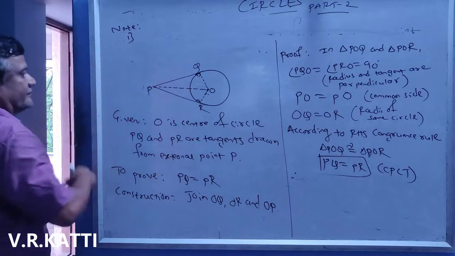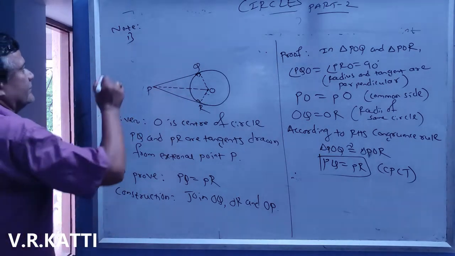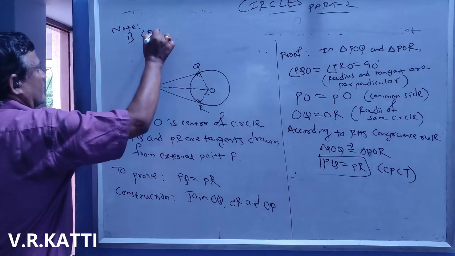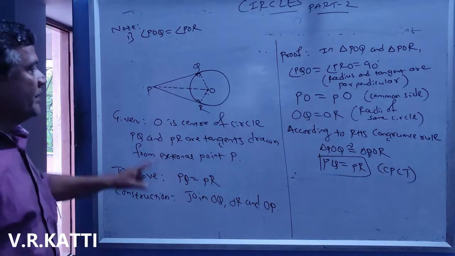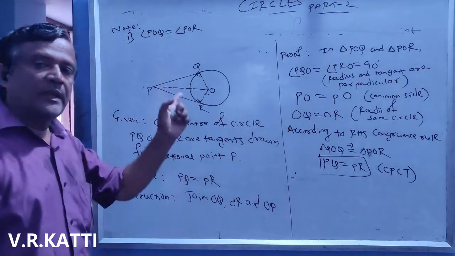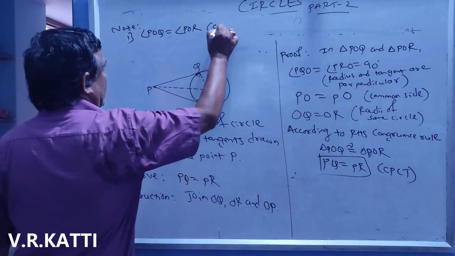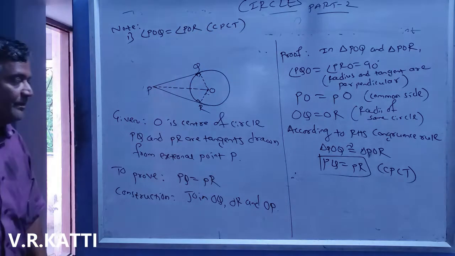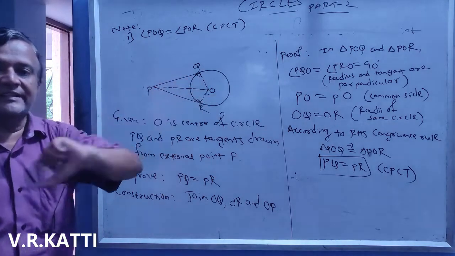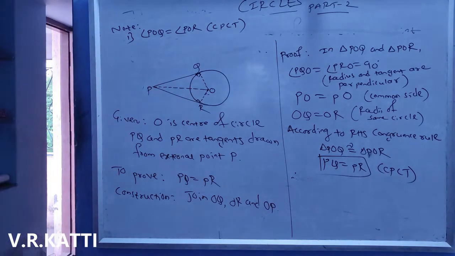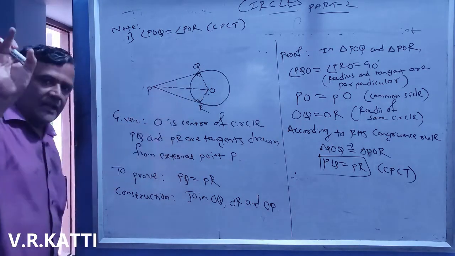Note the first point, that is angle POQ equals angle POR. POQ in the first triangle, POR in the second triangle. CPCT means angles subtended by equal tangents at the center are equal.